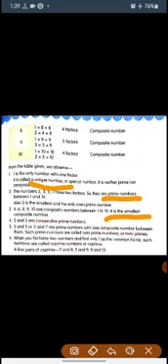For example, 3 and 5: in between 3 and 5, 4 is the only composite number, so 3 and 5 are twin primes. 5 and 7 are prime, but in between it has 6, which is a composite number, so it is also a twin prime.